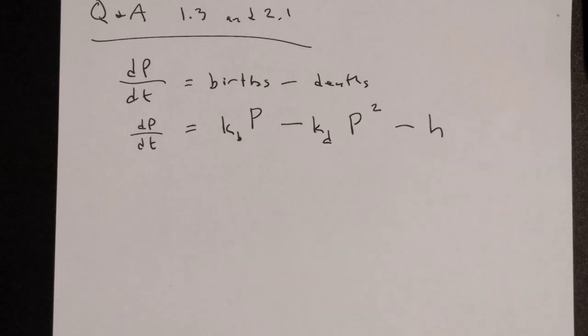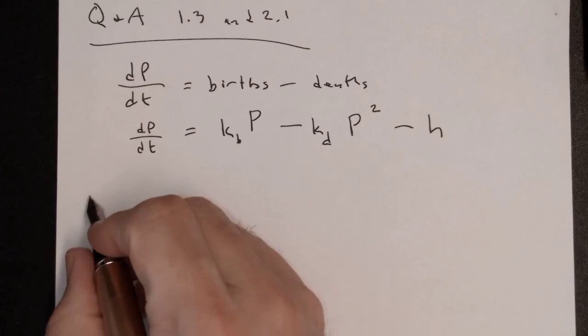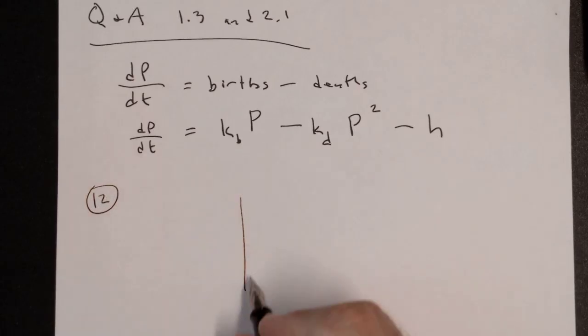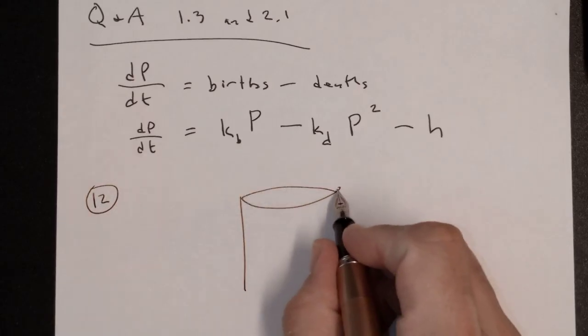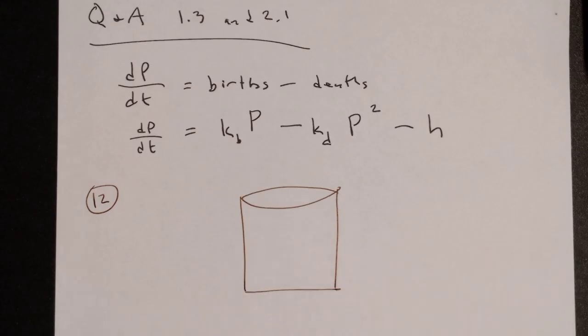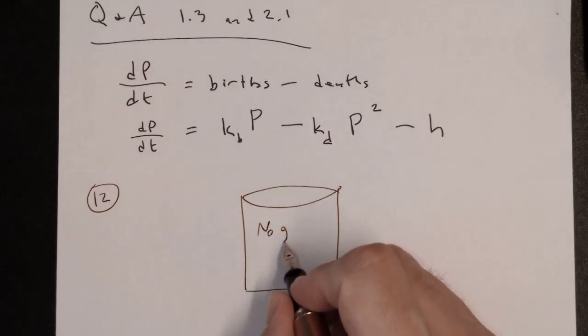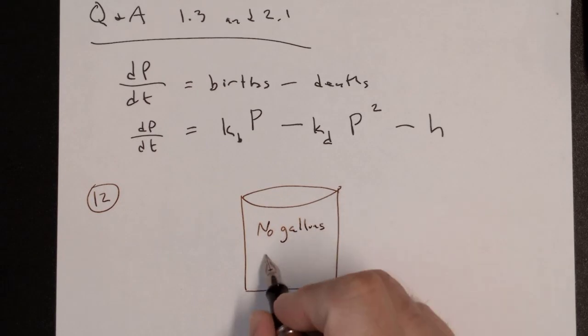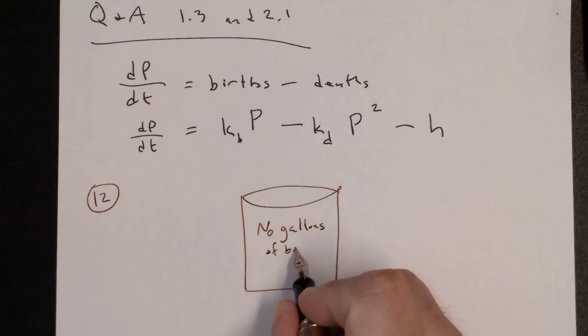Generalize by assuming the large tank initially contains some number of gallons, rate in and rate out in gallons per minute. Okay, wait a minute. Number 12. Tank starts with N0 gallons of brine.